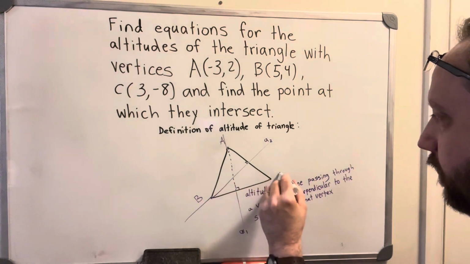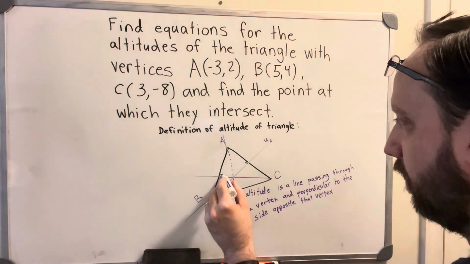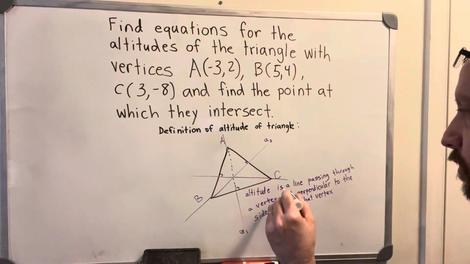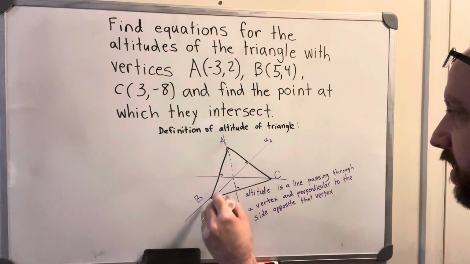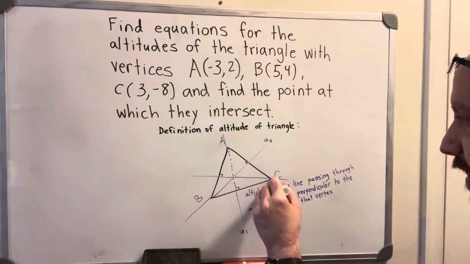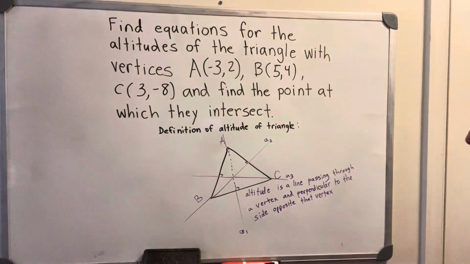And if this were point C, the line that passes through point C and is perpendicular to this side opposite of vertex C, we can call that altitude 3. So we need to find the equations for these three altitude lines and then find the point at which they intersect.